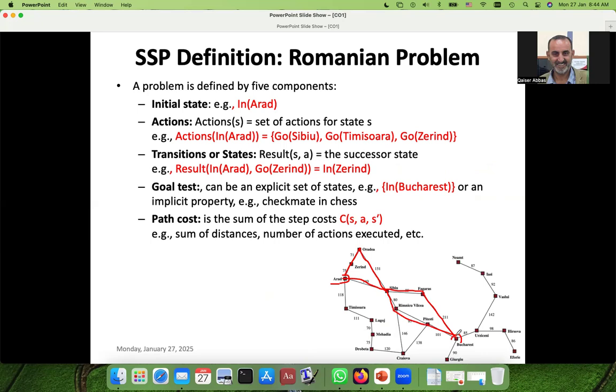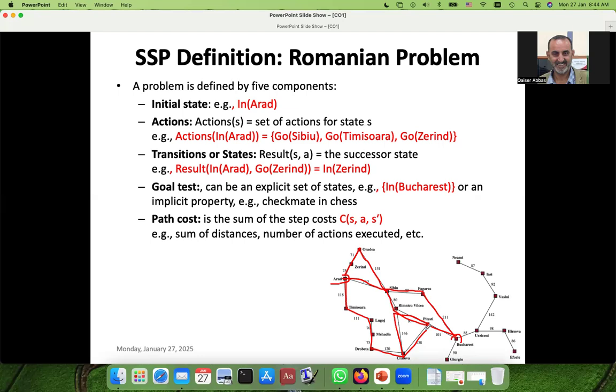Another solution is this way, this way, this way, and then this way. And the other solution is like that. So there are four solutions, maybe five or whatever.